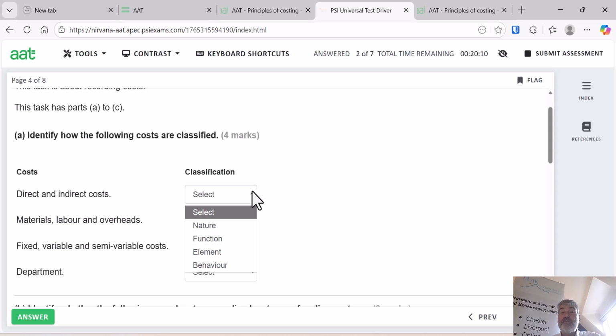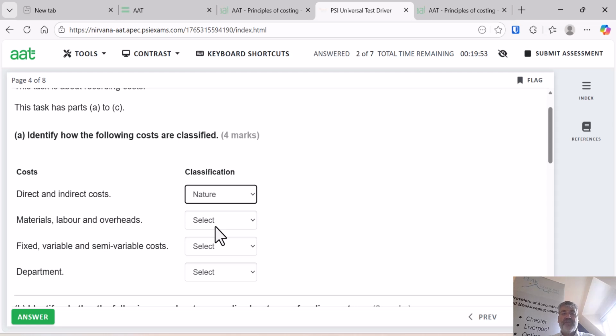The cost is independent of the specific activity. So if we are classifying costs according to whether they're direct or indirect, we are classifying them as to their nature.